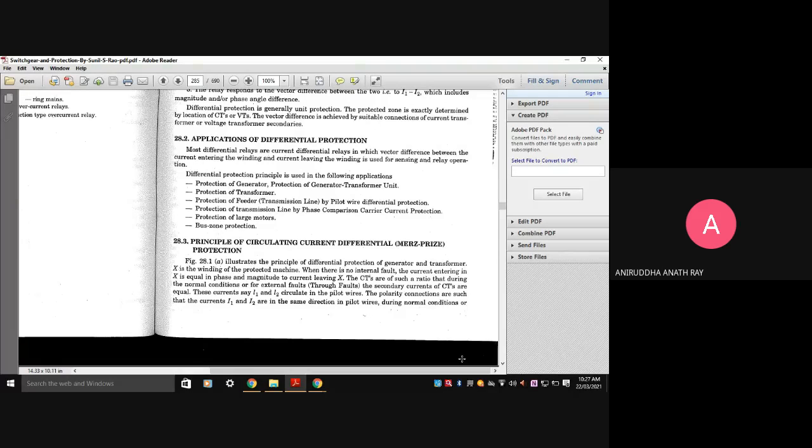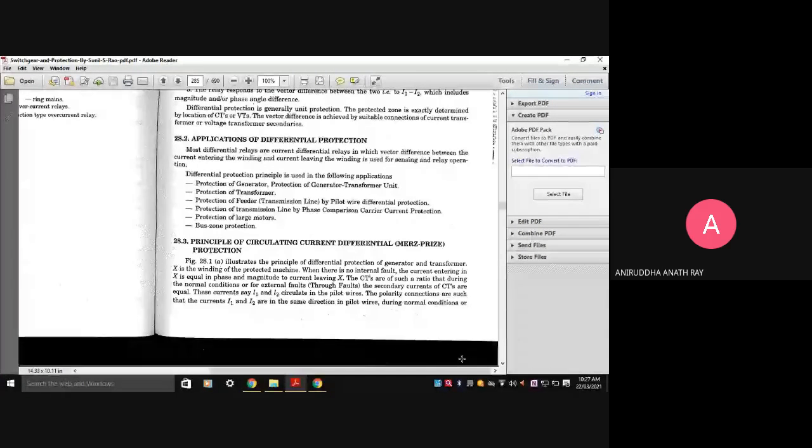Most differential relays are current differential relays, in which the vector difference between the current entering the winding and the current leaving the winding is used for sensing and relay operation.